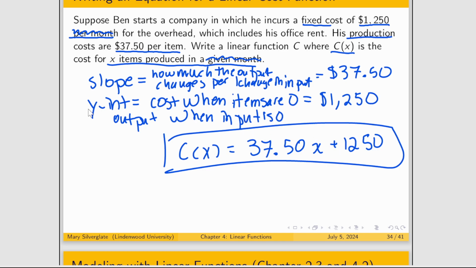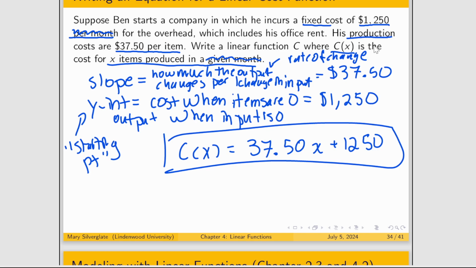For the y-intercept, you're looking at some sort of starting point. Some sort of starting point is whatever your output is when your input is 0, so whatever your y is when x is 0, if you're using traditional labeling. And for your slope, that should be some sort of rate of change, something that makes the output change as the input changes.